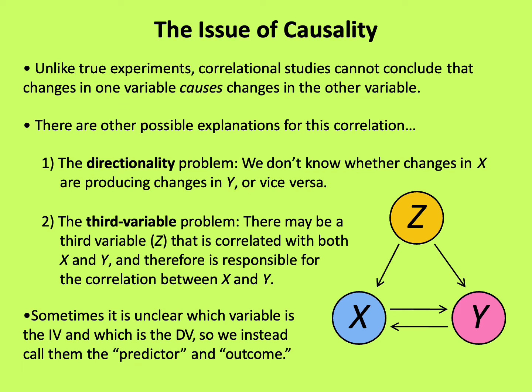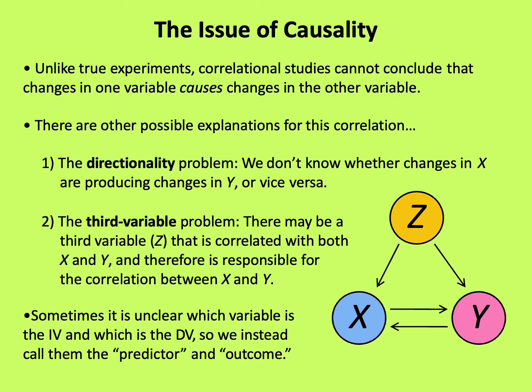There's also something known as the third variable problem, right? And that essentially means that if we have a relationship between X and Y, it's possible that X is causing changes in Y, or Y is causing changes in X, right?